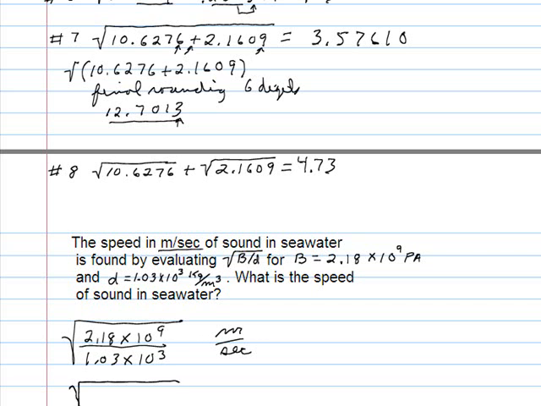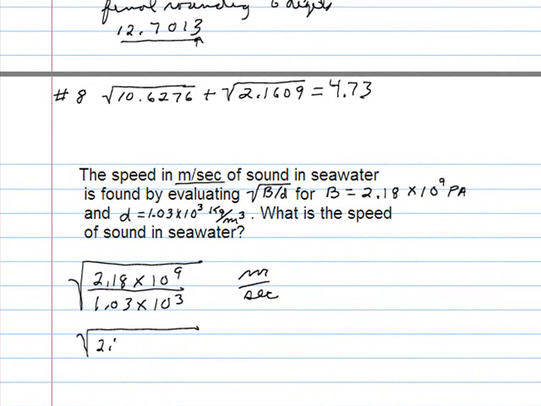I'd put the square root of 2.18E9 times 1.03, not times, it's divided by, isn't it? Let me go back and erase that. It's divided by. And I can't use a long square root like that if I'm doing a calculator. So I'm going to have to get them both into here.